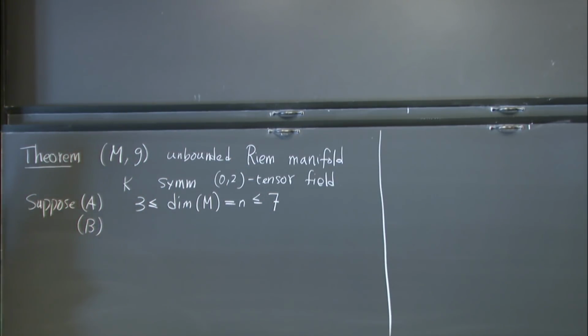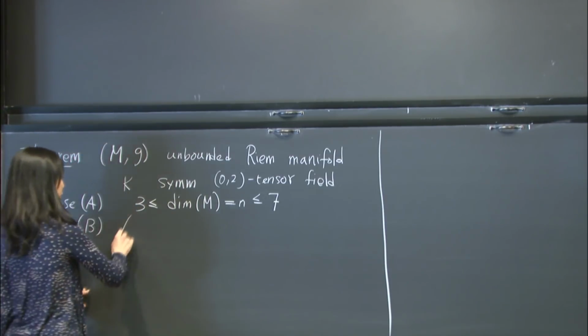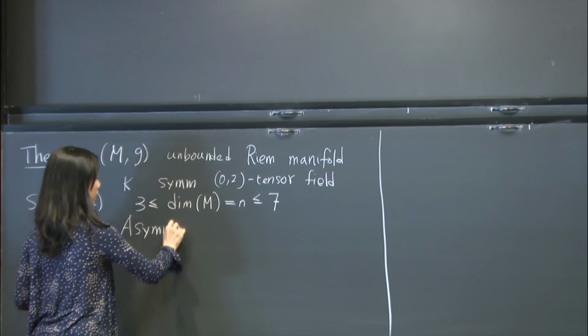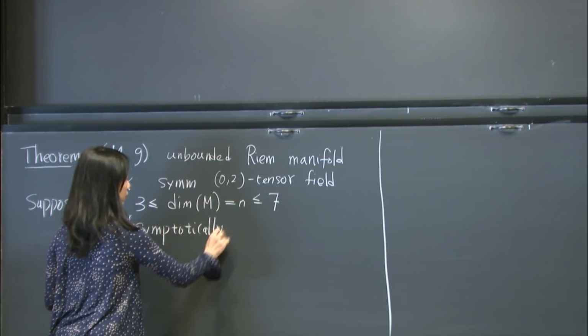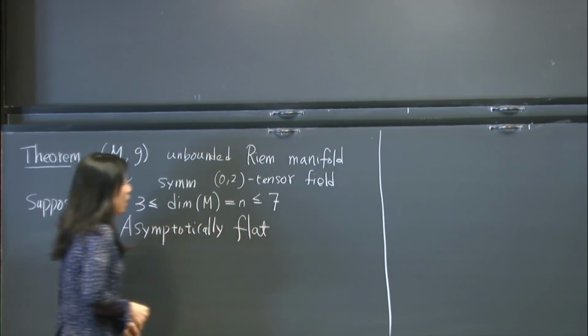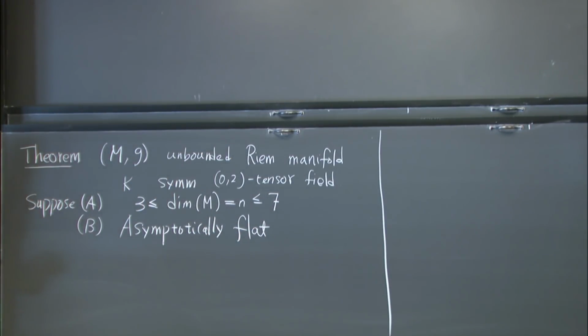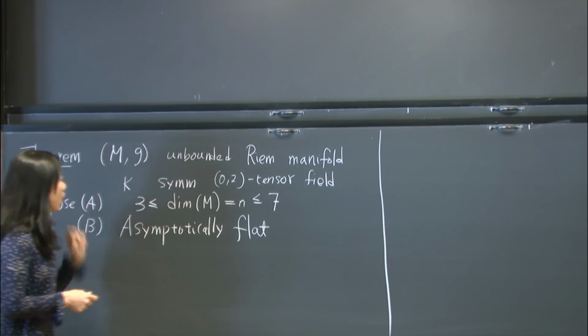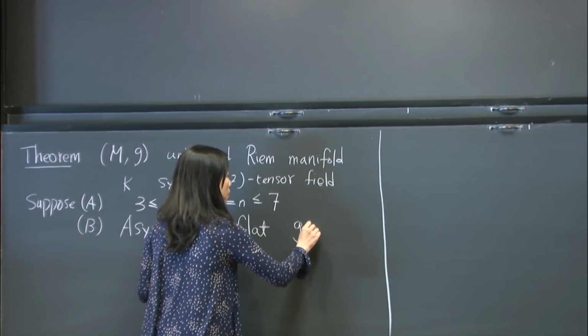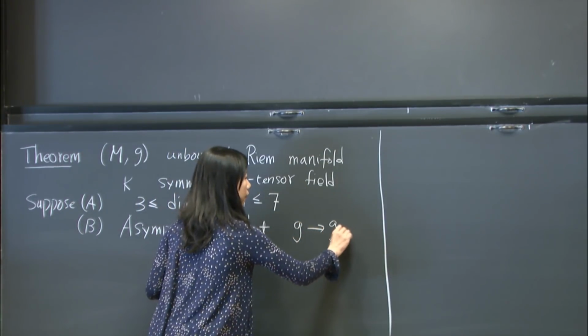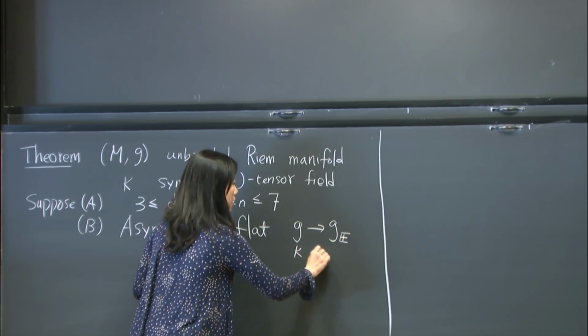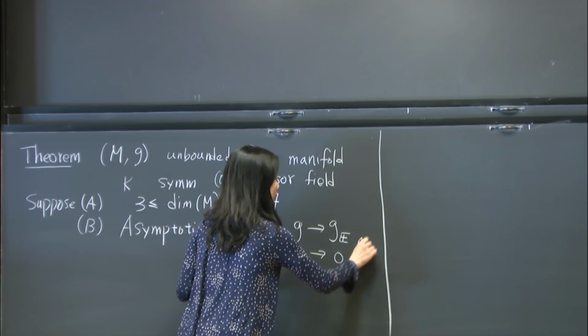And the second assumption is this triple is asymptotically flat, which means the Riemannian manifold N outside a compact set is diffeomorphic to R^n with a ball removed. So that's topologically flat. And also in the exterior region, we assume the metric behaves like a Euclidean metric, and K, the symmetric 2-tensor, goes to 0 at manifold infinity.